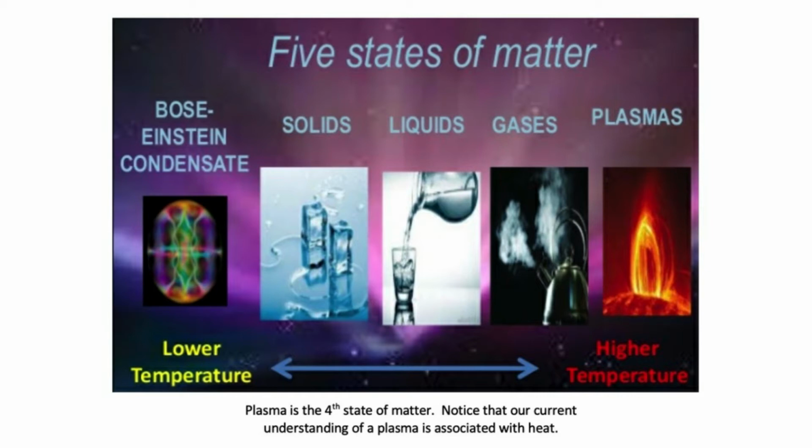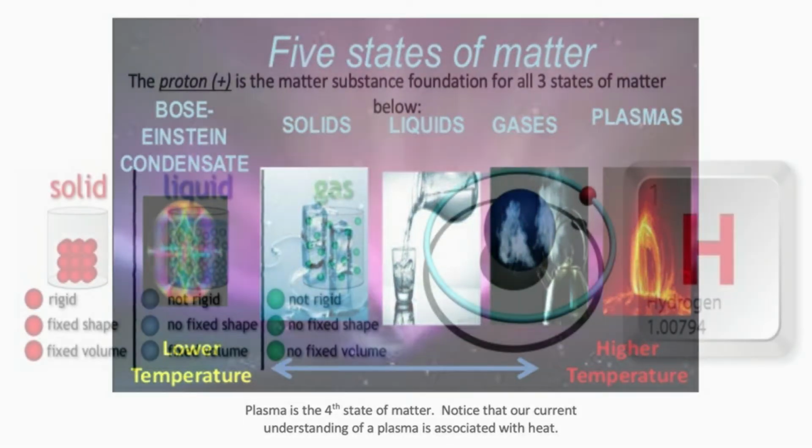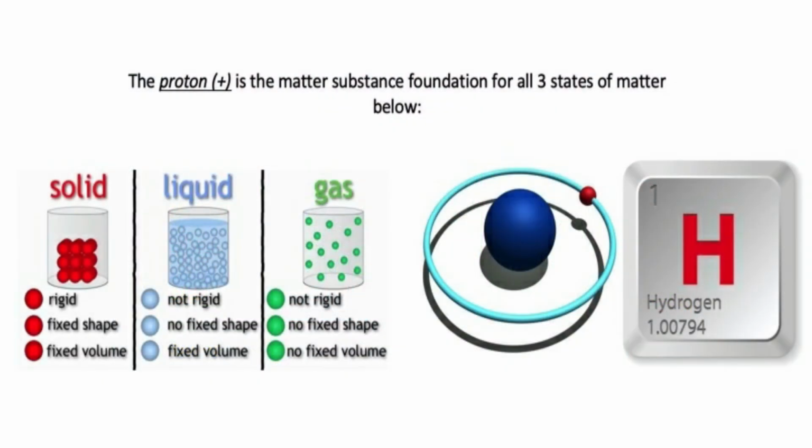And the primary ingredient within all 3 of these phases is hydrogen, the very first element on the periodic table. This is the foundation for all these 3 states of matter, on how they interplay with each other and how they change states.